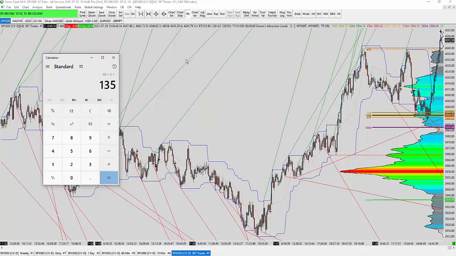That's 135 pips times 52. That is $7,000. So minus 42,000, there's a saving of $34,000, folks, if I did the math correctly.